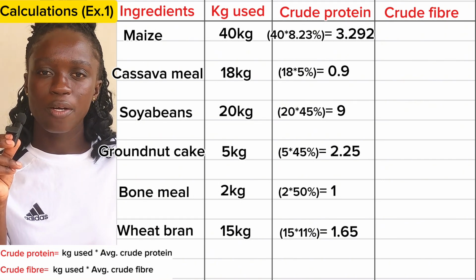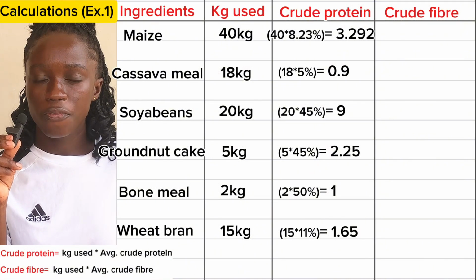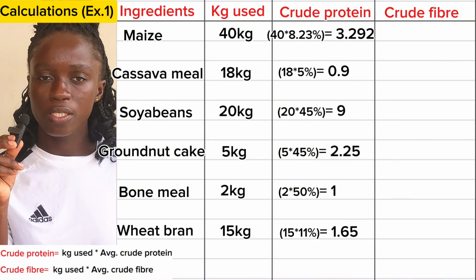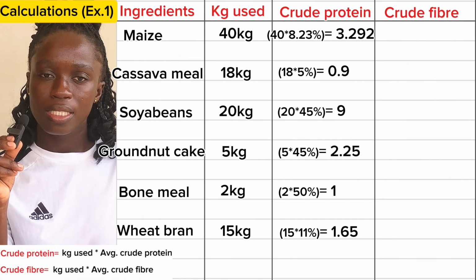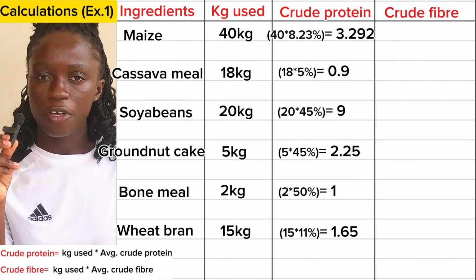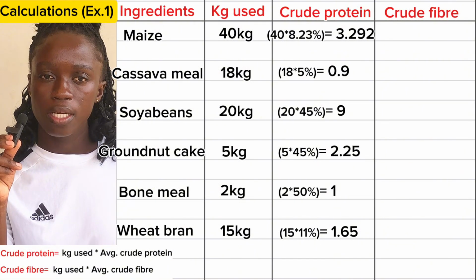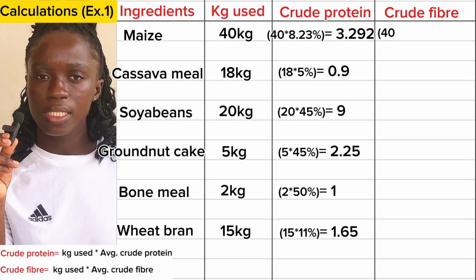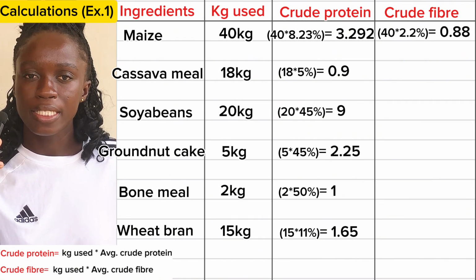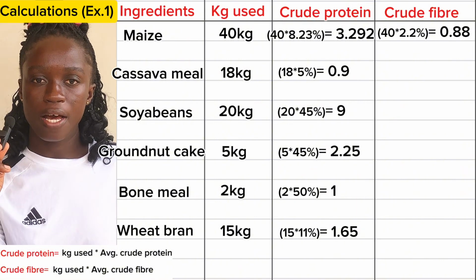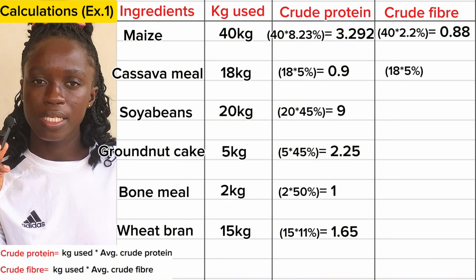So let's calculate the crude fiber content as well. We've also established that the crude fiber per kilograms of ingredient used is equal to the kilograms of the ingredient times the average crude fiber content of the ingredient. For maize, it's 40 times 2.2%, which gives us 0.88. For cassava meal, it's 18 times 5%, which gives us 0.9.